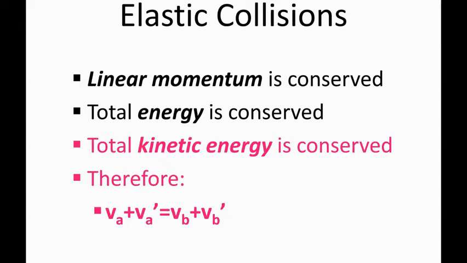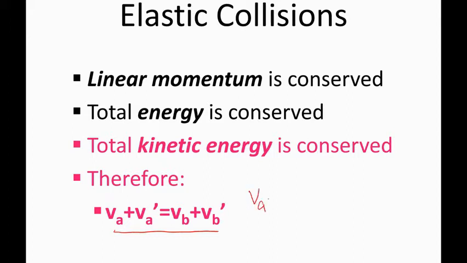the velocity of object A plus the final velocity of object A is equal to the velocity of object B plus the final velocity of object B. The way that this is written out might look a little bit different than something that you're used to.